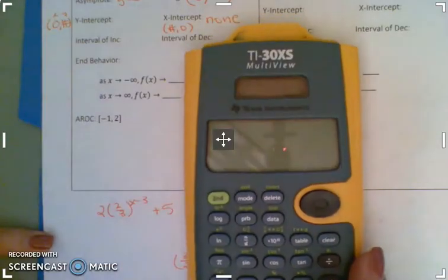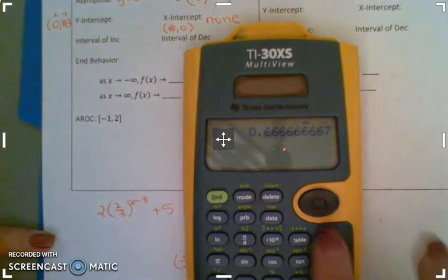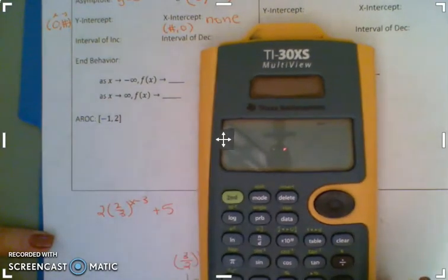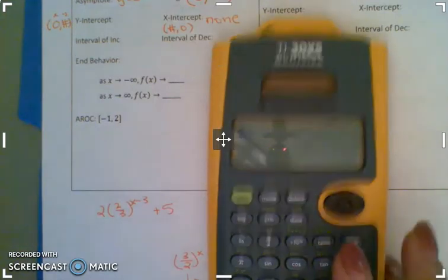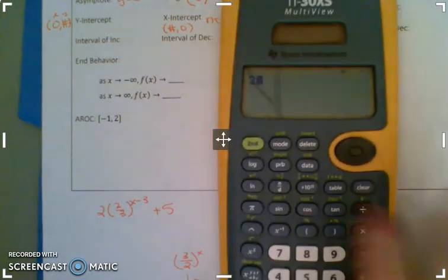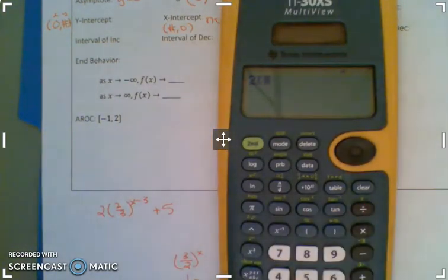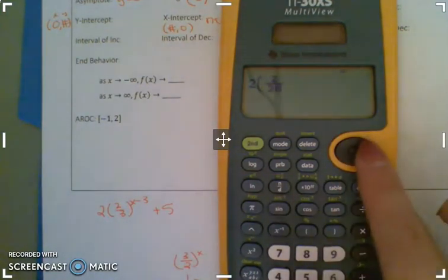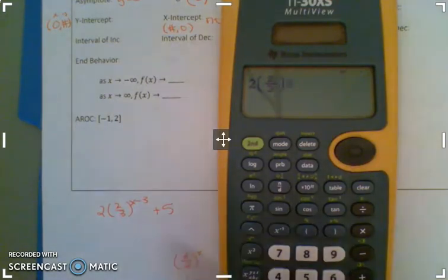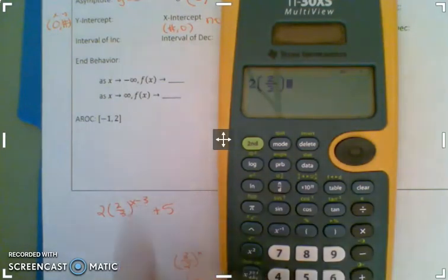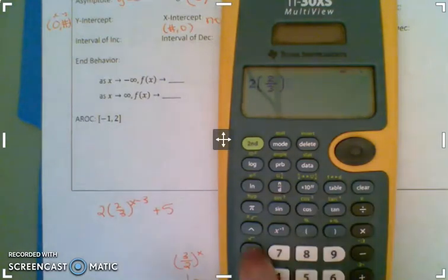So in my calculator on my screen, I'm putting 0 up here. So let's go ahead and type that in. So turn it on, clear it out. We're just on the home screen. So I'm doing 2 parenthesis, fraction 2 divided by 3, arrow to the right, close parenthesis. And then this x minus 3 is up top. So you're using this caret button right here.